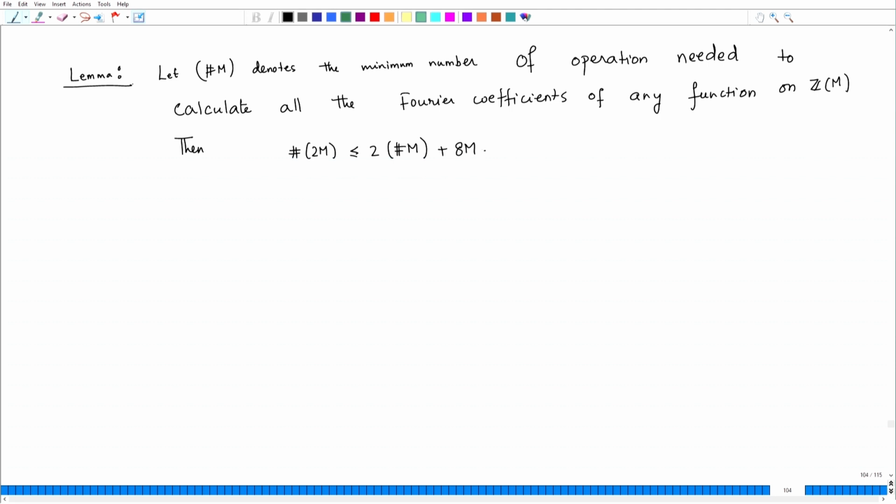So, the proof one can see it. Let us denote omega 2 m as e to the power minus 2 pi i by 2 m.